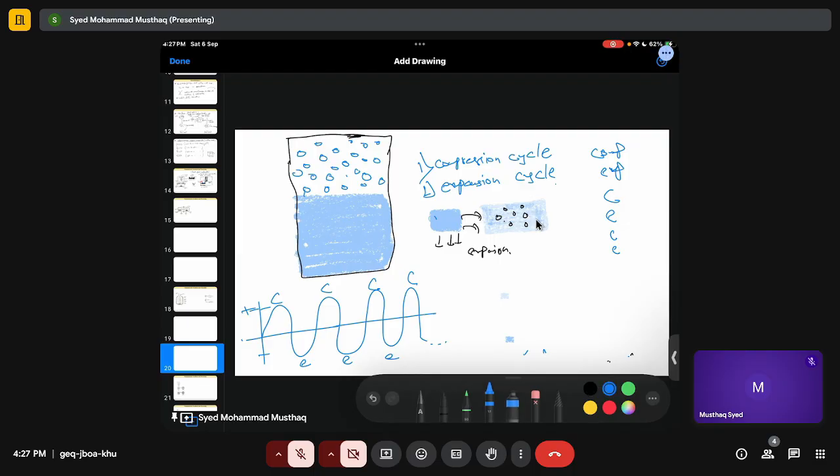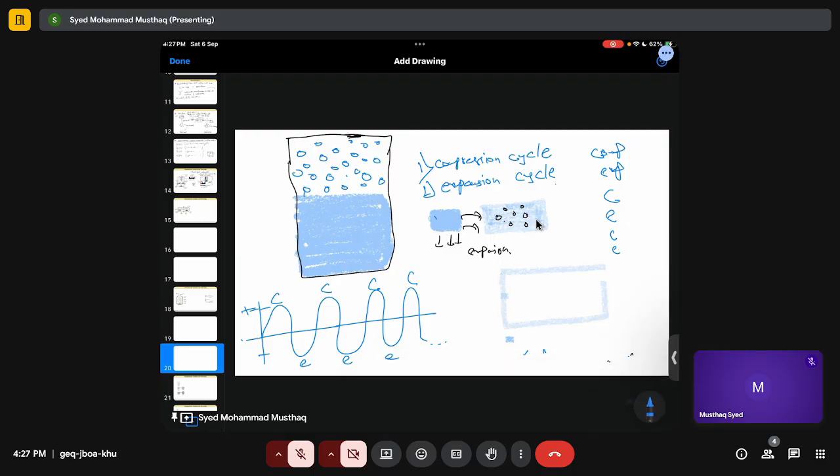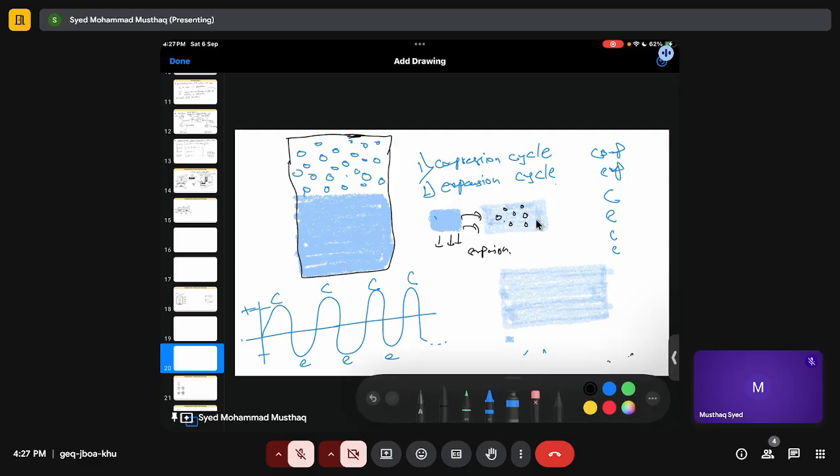So let me draw it big. Okay. Whenever there is an expansion, then you will have low pressure zones.